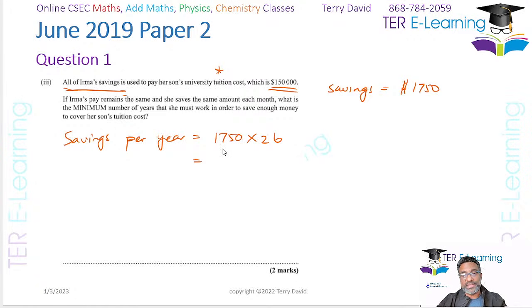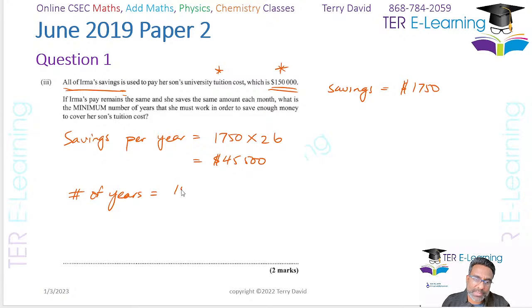So 1750 multiplied by 26 is going to give me 45,500. Now, this is the amount that she's saving per year, but she's trying to get to this goal here, right? So the number of years to save that money is simply going to be the total amount of money she needs to get, divided by how much she saves in 1 year.